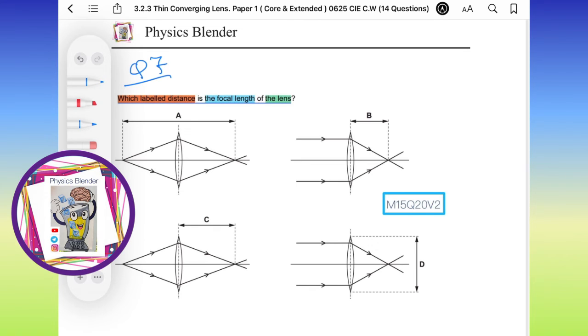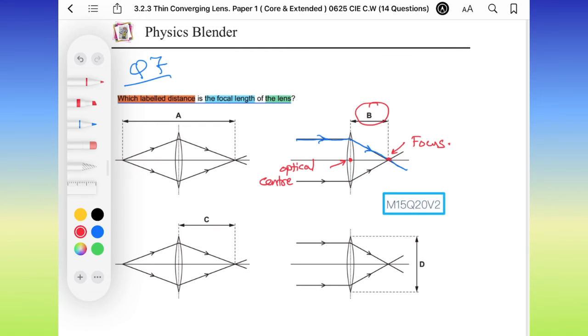So here we have this light ray parallel to the principal axis, and it will refract through the focus. So this point is the focus, and the distance between the optical center and the focus is the focal length. Is it clear? So the answer is B.